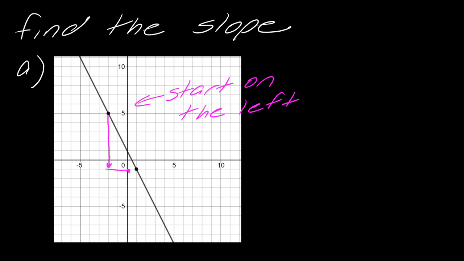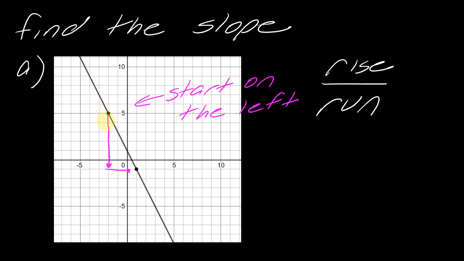This is the way that you want to think about the slope, because remember, it's this idea of rise over run. The rise has to do with the vertical change, and the run has to do with the horizontal change. Okay, so as I look at this, I'm just going to count out the number of tick marks I go down.